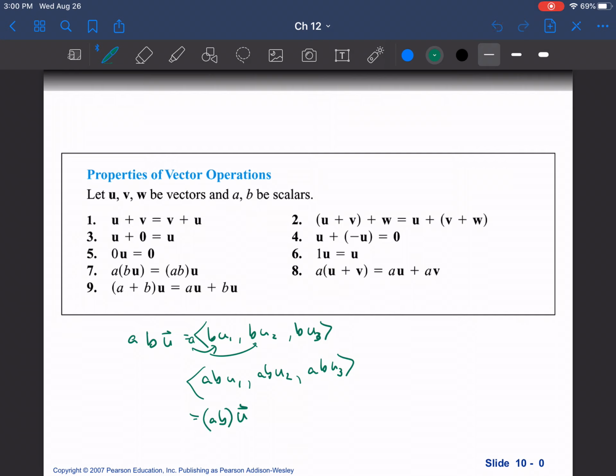Most of these are probably pretty straightforward for you and should make some sense, but make sure you go through these associated operations that go along with vectors, so you know what you can and cannot do. Here, you can distribute. Here you can change the order of operations. Again, it doesn't matter what order you add them in, very similar to rule number 1.